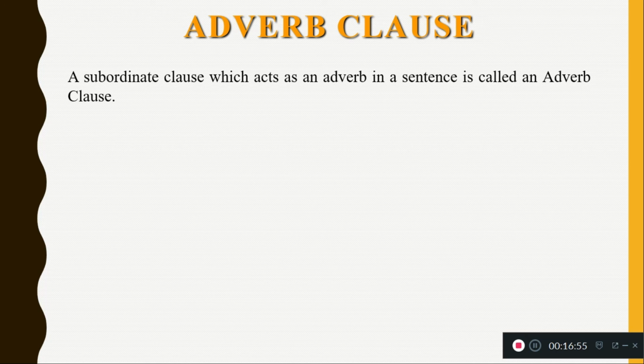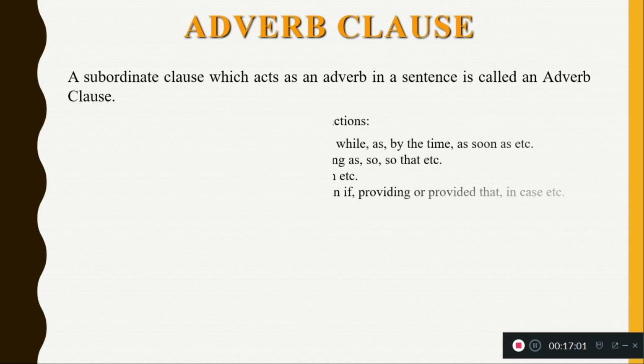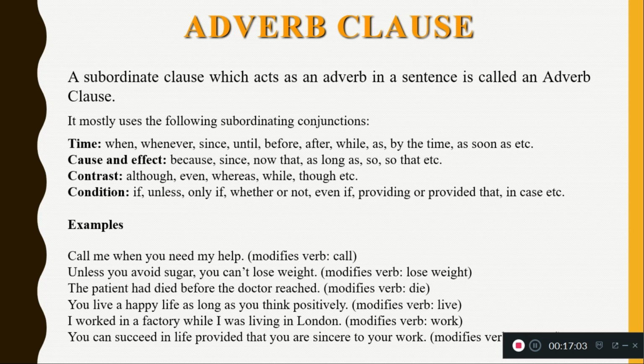Finally, adverb clause. A subordinate clause which acts as an adverb in a sentence is called an adverb clause. Like an adverb, it modifies a verb, an adjective, or another adverb in a sentence.